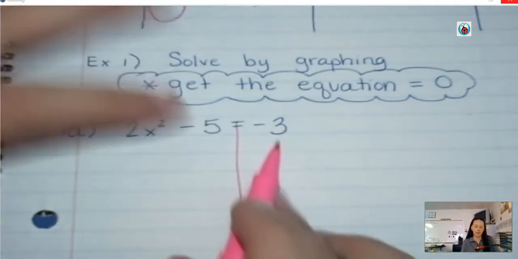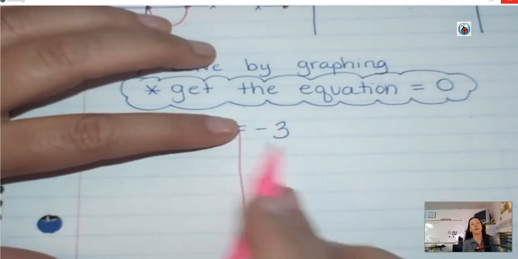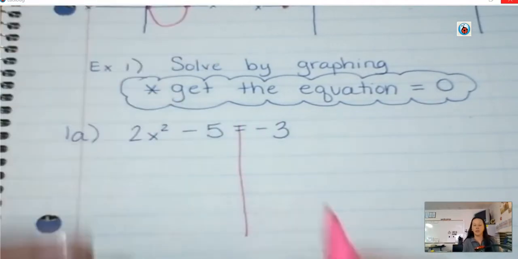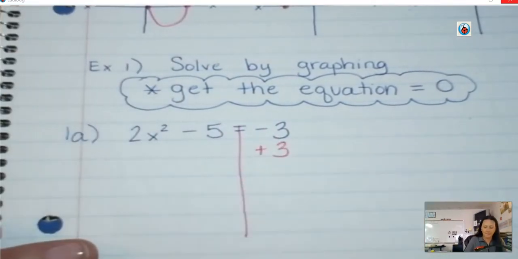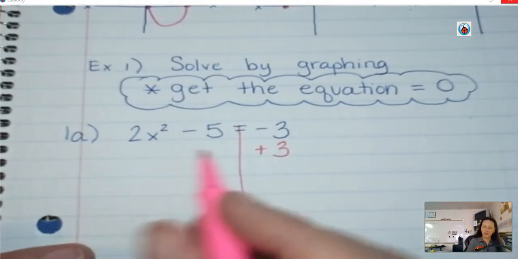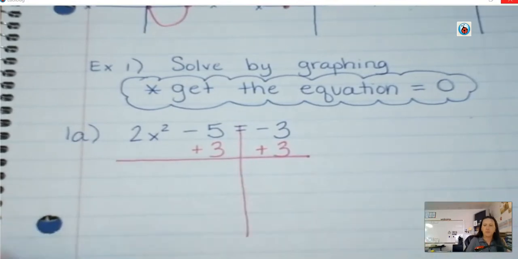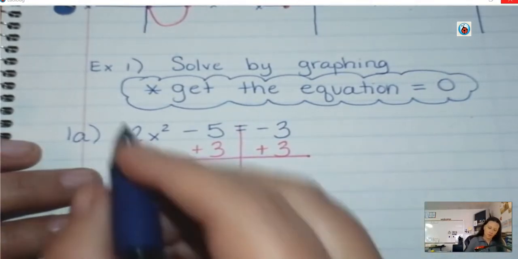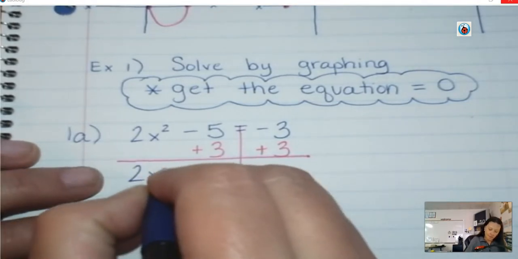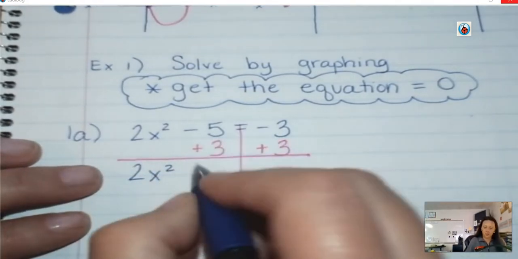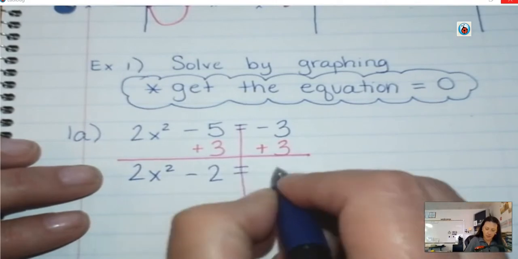So look at that side that I want the 0. I need to get rid of minus 3. So to get that to be 0, I add 3. If you add 3 to one side, add it to the other. I'm going to put it right underneath the like term. So I have 2x squared. Negative 5 plus 3 is negative 2 equals 0.